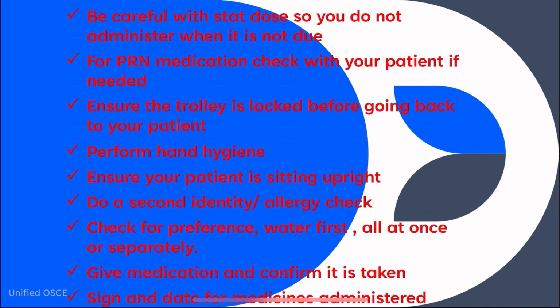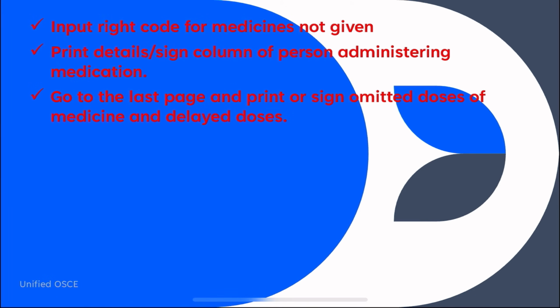Read instruction carefully, sign correctly at the right column, date, and print your name if needed based on the instruction. Input the right code for the medicines omitted and put the code, circle it, and sign as required or as instructed on the MAR chart.